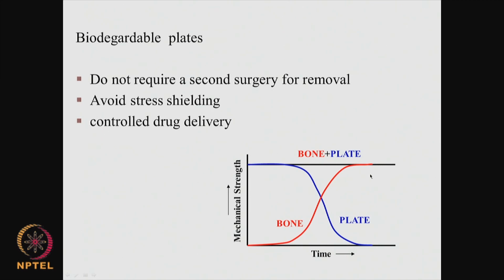Okay. So these are a few situations, I showed you examples where we would like to have this type of biodegradable, bioresorbable material. The photographs which I showed are courtesy of various places like CMC Vellore and Sri Ramachandra Medical College in Chennai.